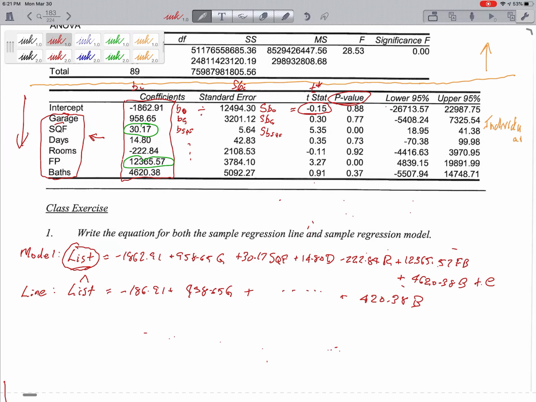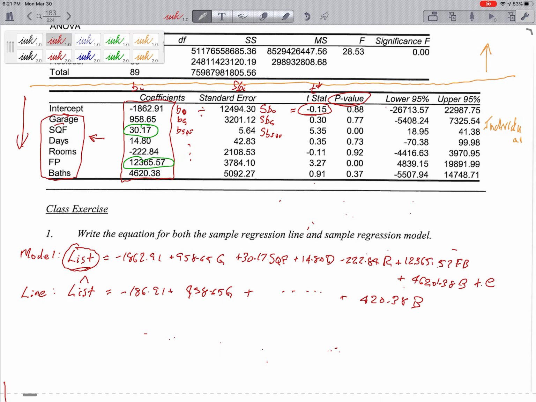The intercept then has a t star, which is minus 0.15. That's a p-value of 88%. This is actually pretty close to the middle of 0. And so this is highly insignificant, not significant, right? Very high p-value. If you take a look at the range here for doing a confidence interval for beta naught, right?